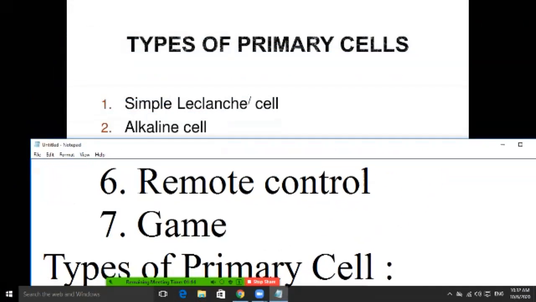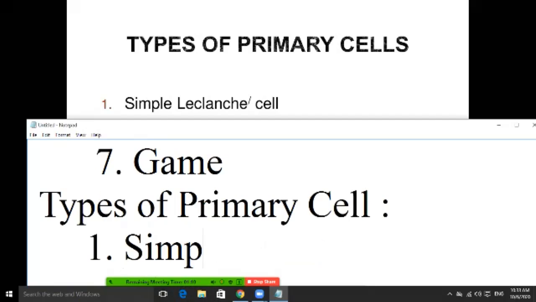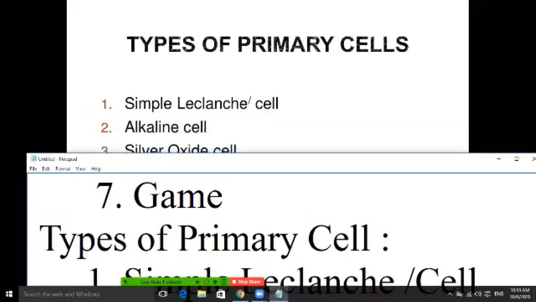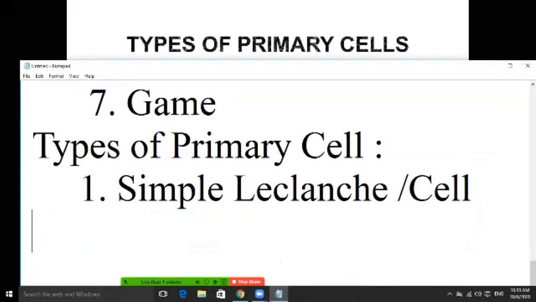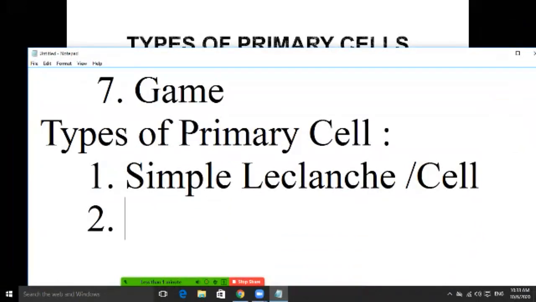First, the simple Leclanché cell. The cell which we are using is called the Leclanché cell. Second one is where manganese oxide is used, the alkaline cell.